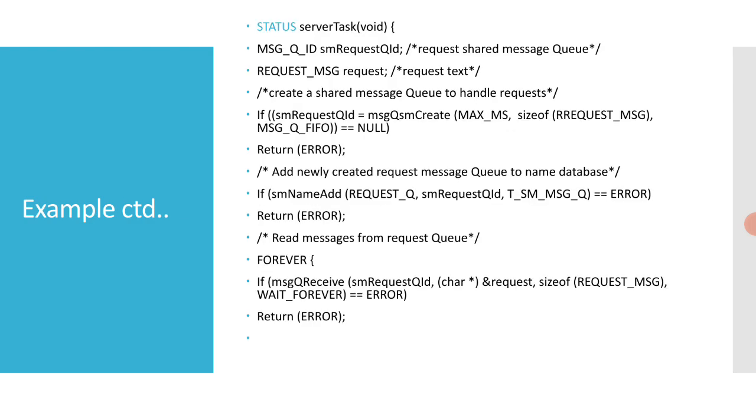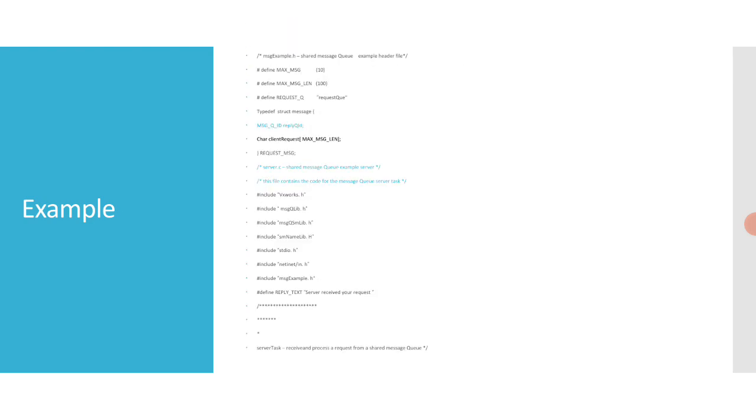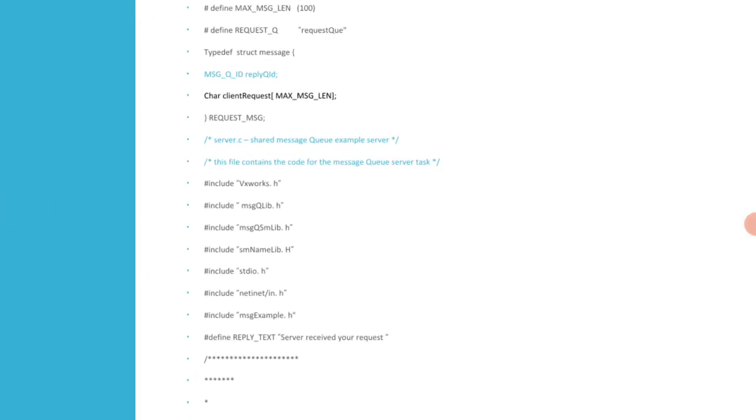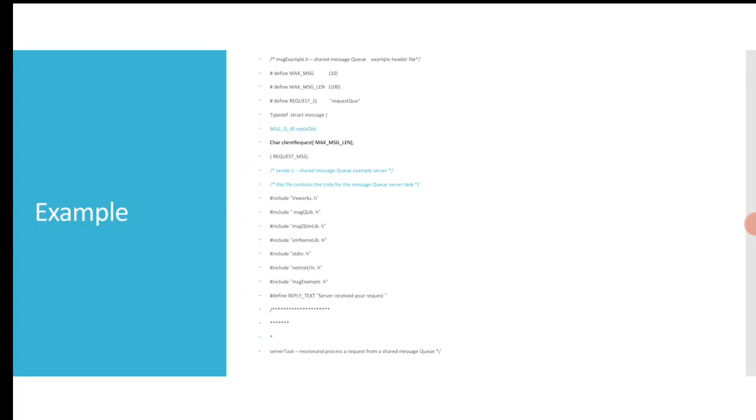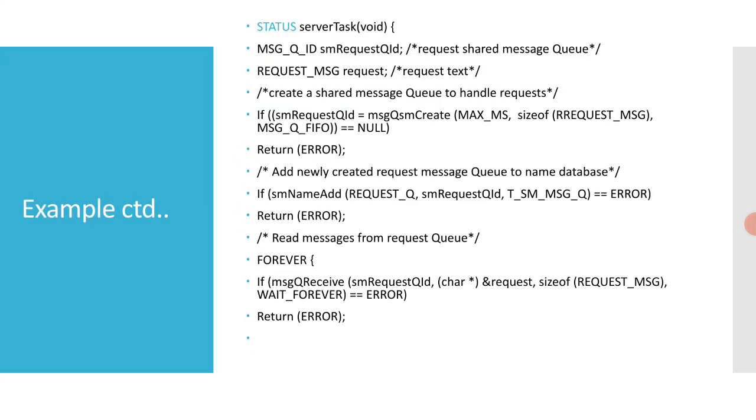So let's look back once again. So forget about these includes. Let's start straight away from the server. So we request shared message queue, request text, and then create a shared message queue to handle requests.